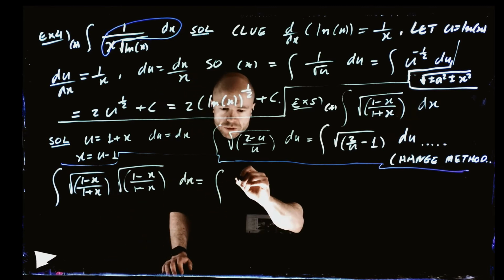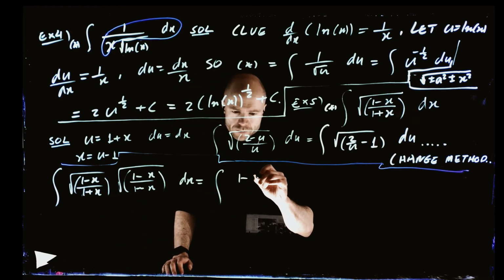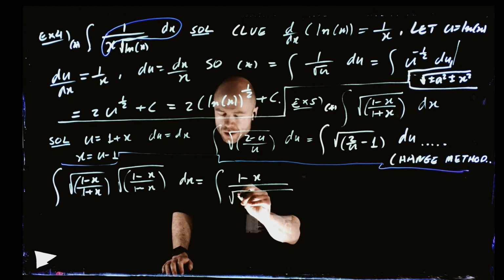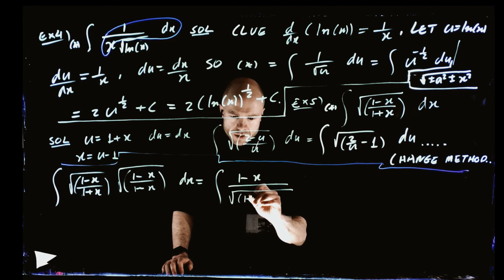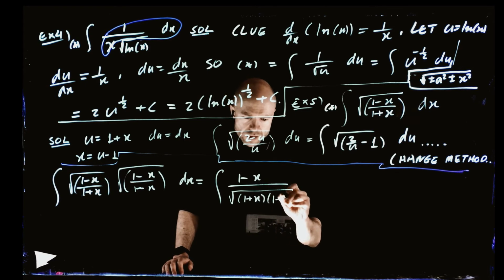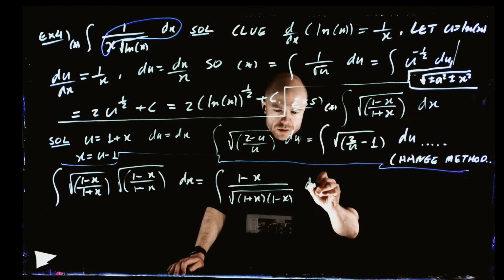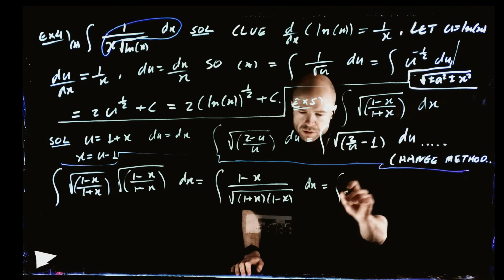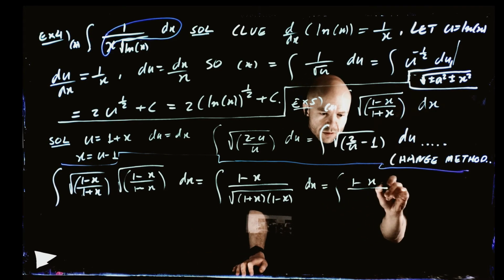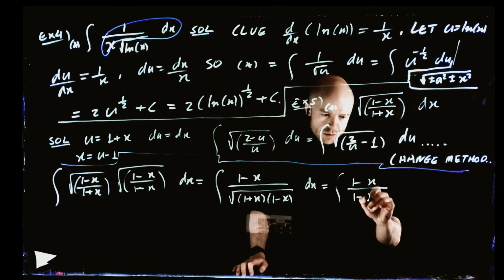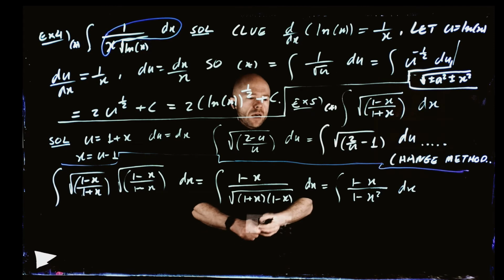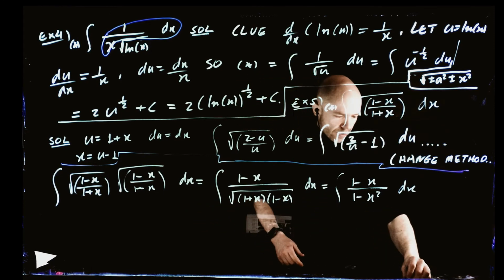So on the top, we're getting rid of the square root. And on the bottom, let's put the square root, and then we have 1 plus x, 1 minus x dx, right? And then this is the difference of two squares, so this turns into this thing like this. Okay. Is that progress?